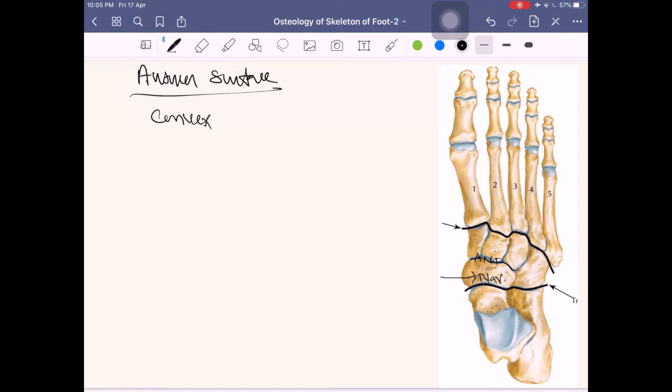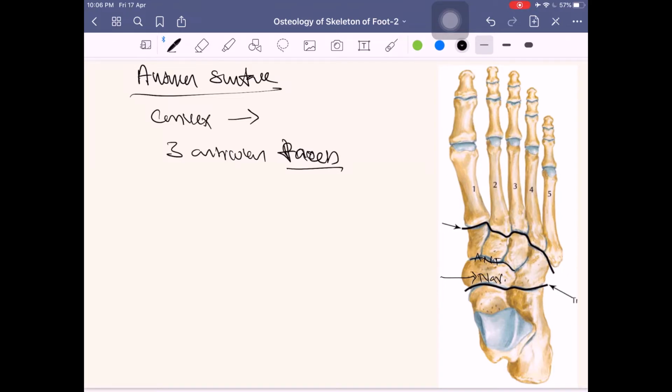The anterior surface is convex and it possesses 3 articular facets. So there are 3 articular facets for the 3 bones which are lying in front of it.